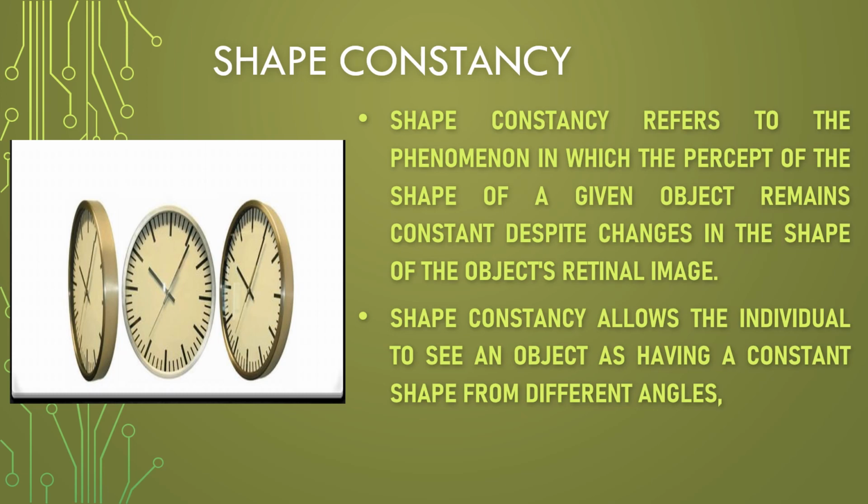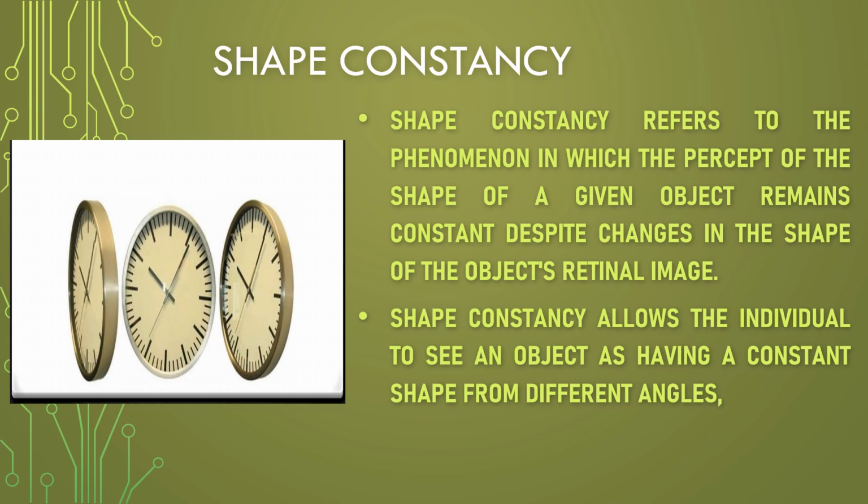A familiar object keeps its perceived shape despite major changes in retinal stimulation due to the changes in its orientation. Let's see the example. Here you can see a circle-shaped clock, and it is at three different angles.